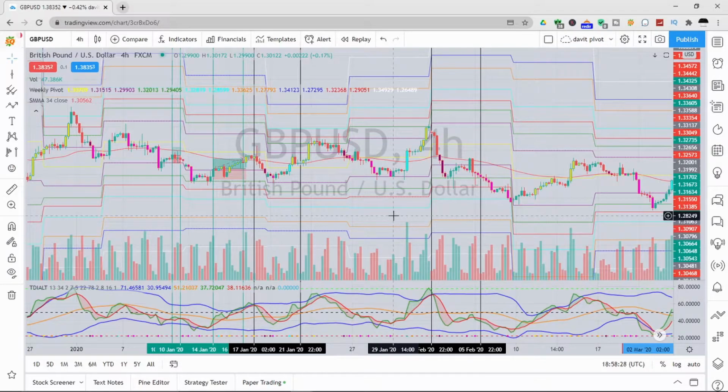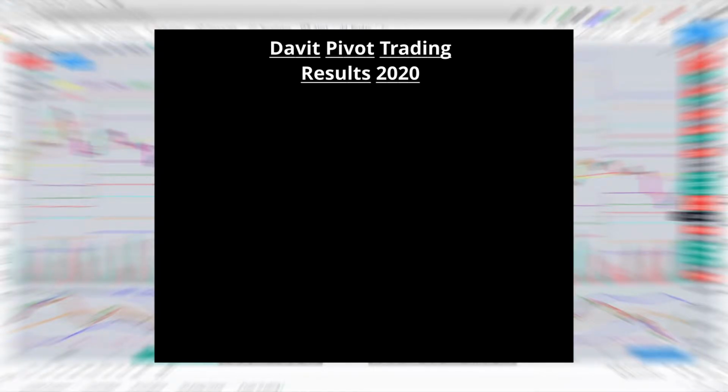So what I came up with, and I'll see if I can put this in text on the screen, was I got 24 trades in the year of 2020, where I had 8 long trades and 16 short trades.